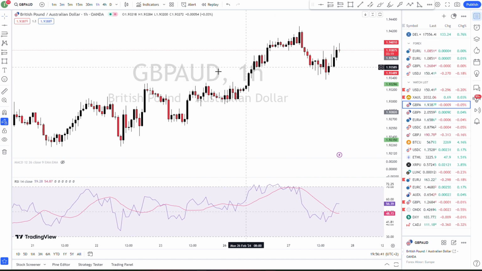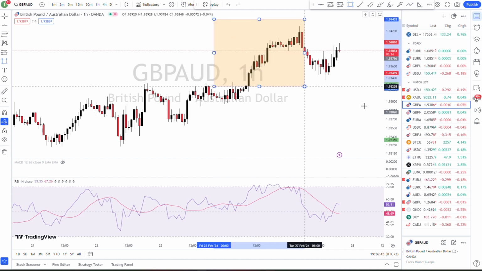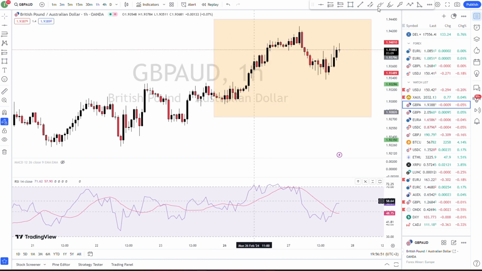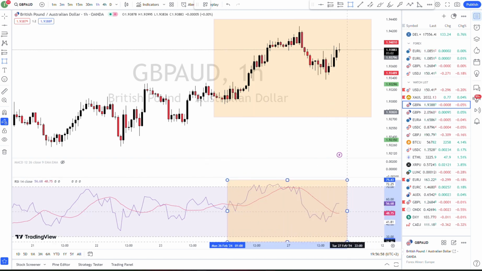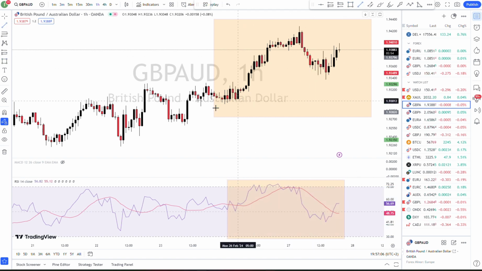Here in this part, and this part, and here. As you can see, here we have an uptrend, and we are currently in an uptrend.